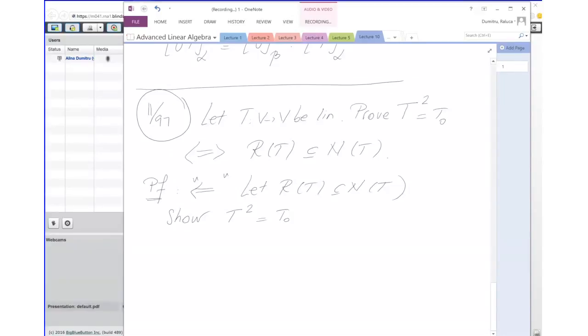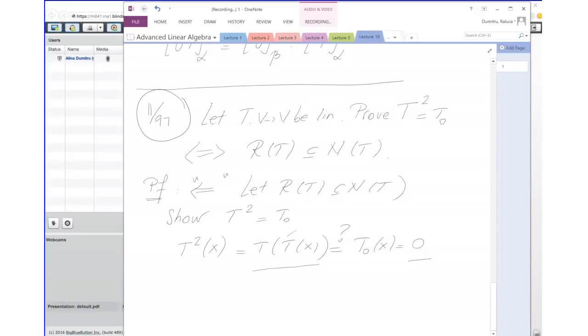So I'm going to need to look at T squared of x, which is T of T of x. And that needs to be the same as T0 of x, which is 0, right? So based on the assumption that the range is part of the null space, you see why T of T of x should be 0.